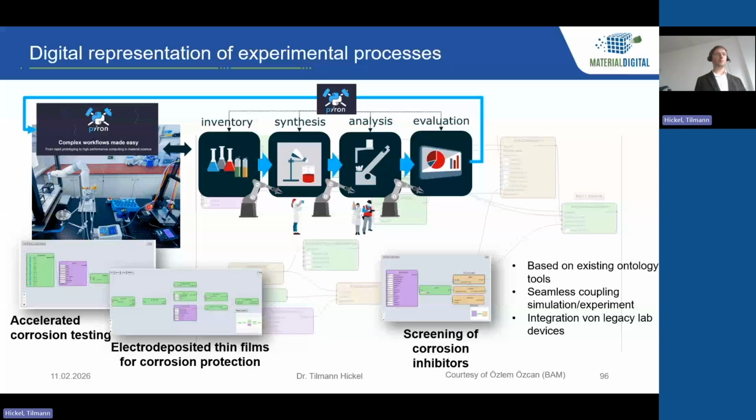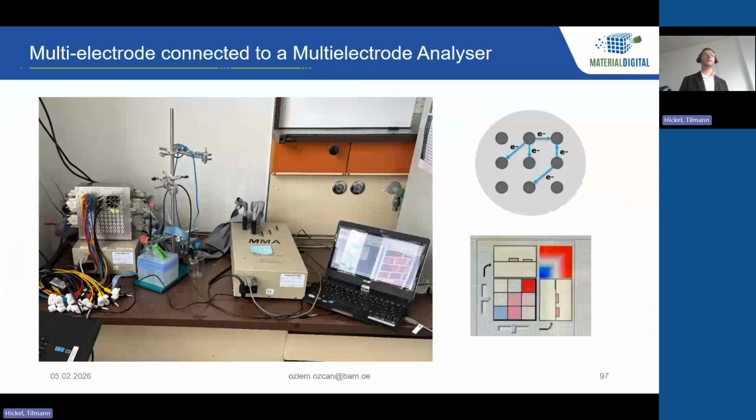Yeah, and so one example is this kind of multi-electrode connected to a multi-electrode analyzer. So that's a photo from the lab. It allows you to have different drops on a wafer with different electrochemical conditions, and then to execute this automatically. So for the different drops, you have different kinds of descriptors for the electrochemical behavior. I am not an electrochemist.